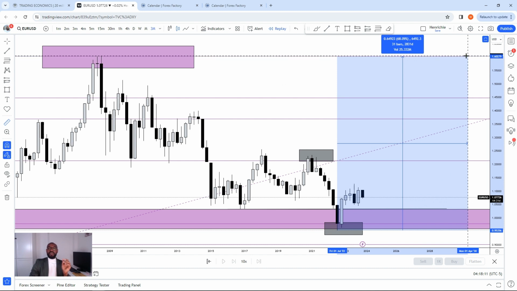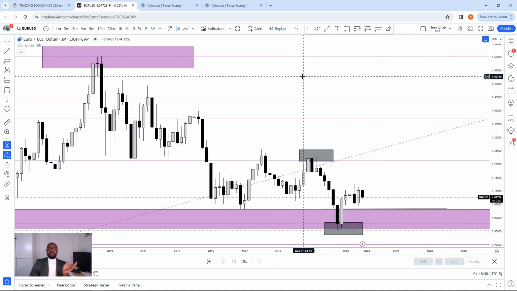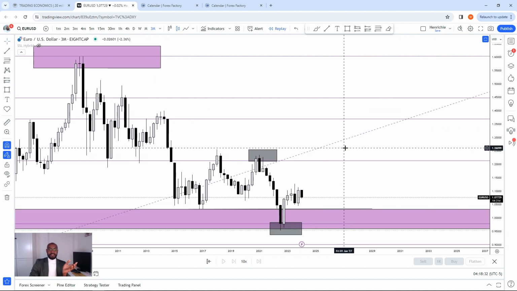If they were trading it for, let's say, $10,000 per pip, this would yield them so much money. I can't even calculate that right now. I'd have to use my calculator to do the maths. It would make them so much money, bigger than the biggest hedge funds.